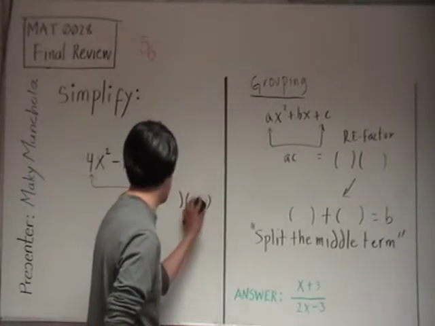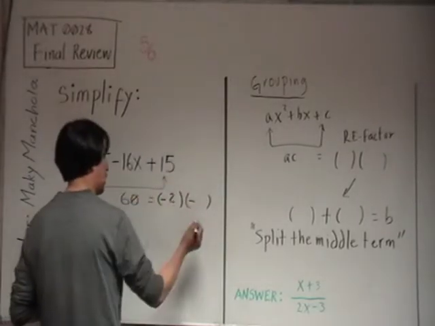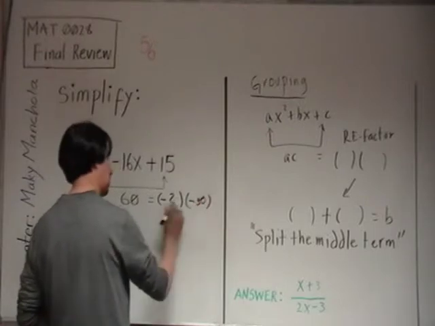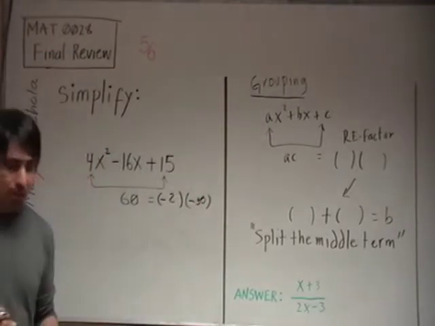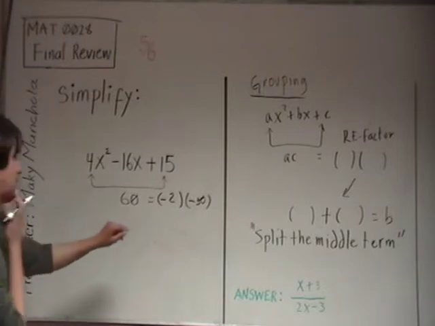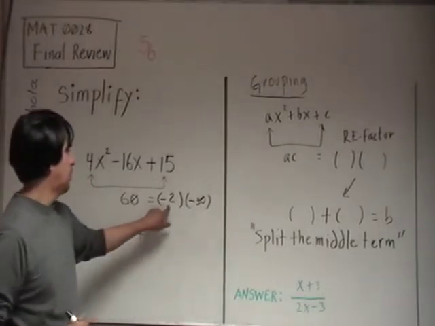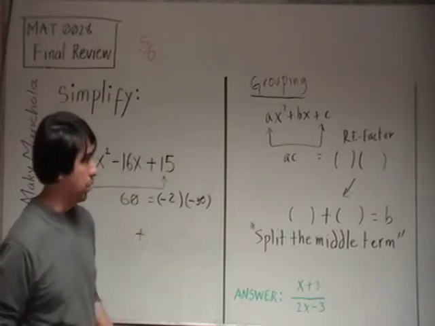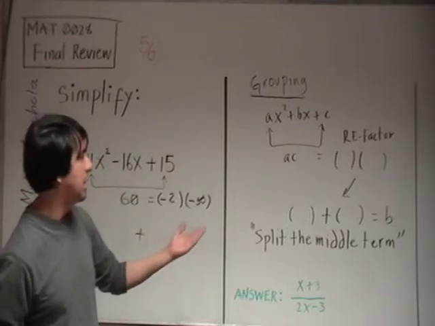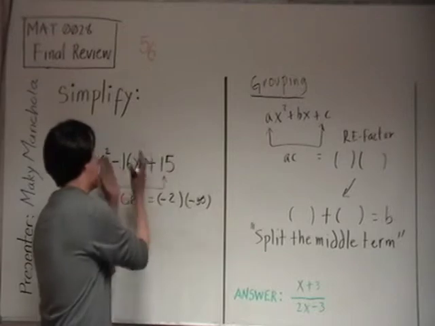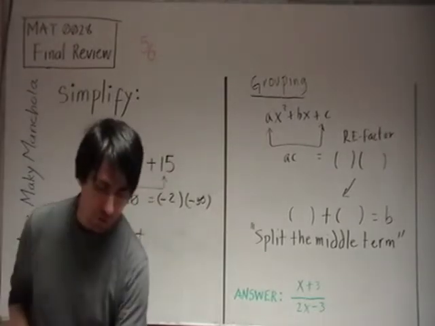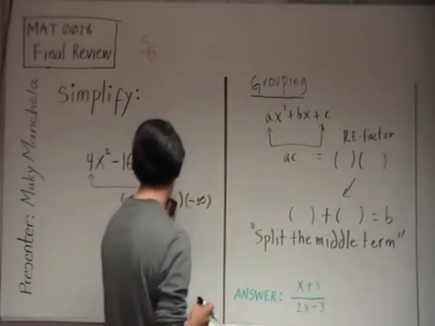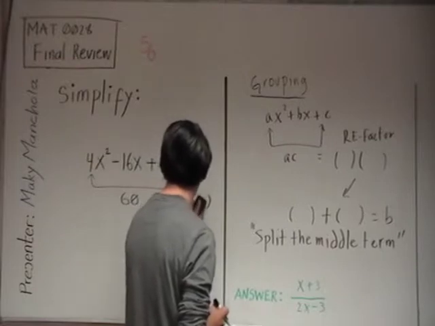Maybe we could try negative 2 and negative 30, because negative 2 times negative 30 is 60. What's the problem this time? If you add negative 2 and negative 30, you get negative 32. That doesn't work. We want the sum of these two to be identically the middle coefficient.